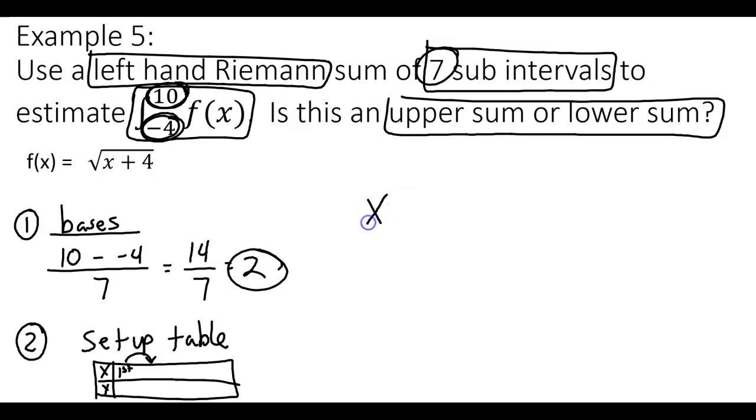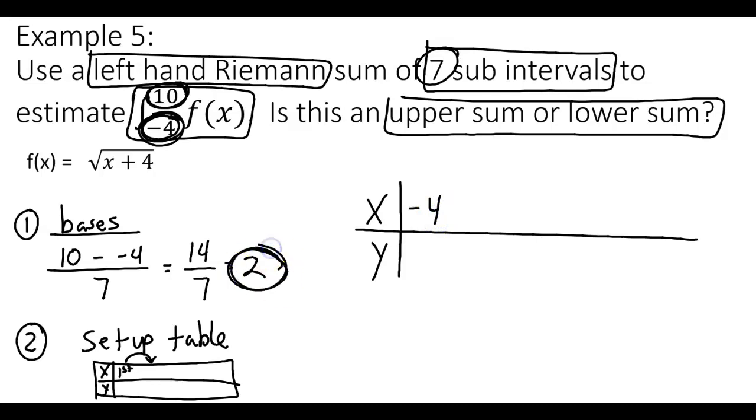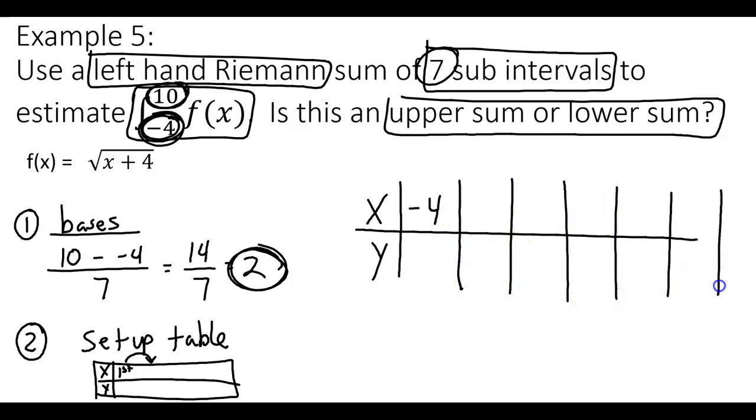So I'm going to make a table here, x and y. You could say f of x if you prefer that instead of y. But my first x value is -4, so I'm going to start with -4. And I know that I want my bases of my rectangles to be 2 units long. So that means I'm going to go up by 2's, and you're going to keep going up by 2's until you get to your last term, which is 10. So up by 2 gives me -2. Up by 2 gives me 0.